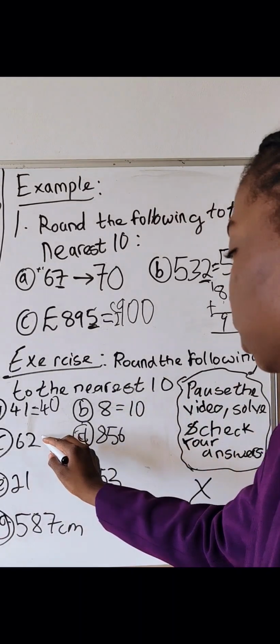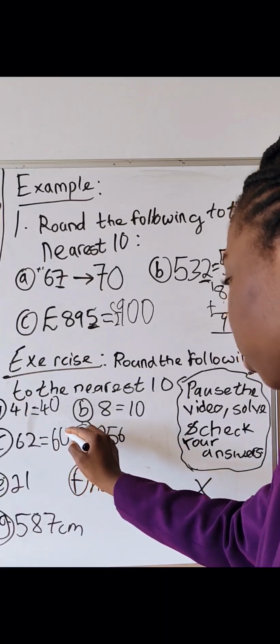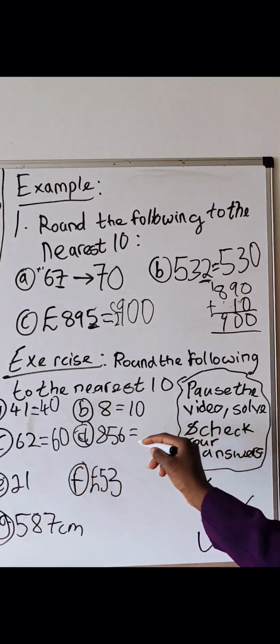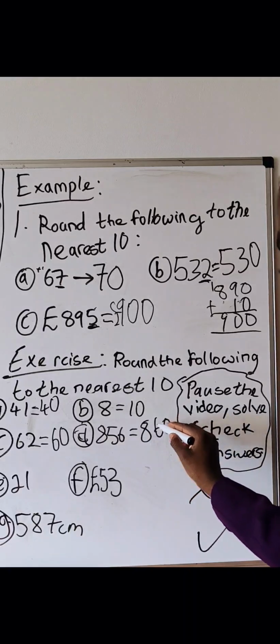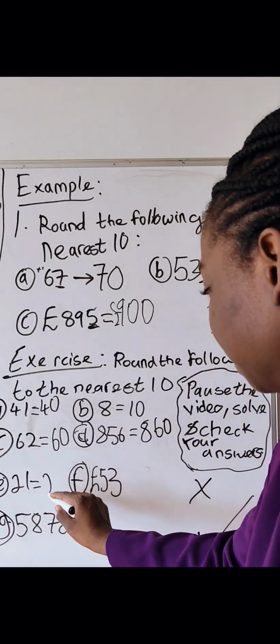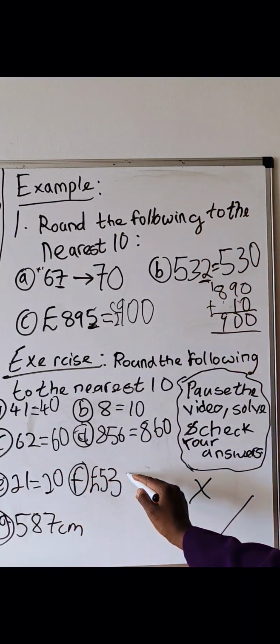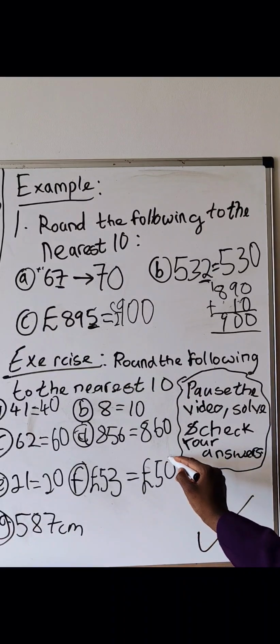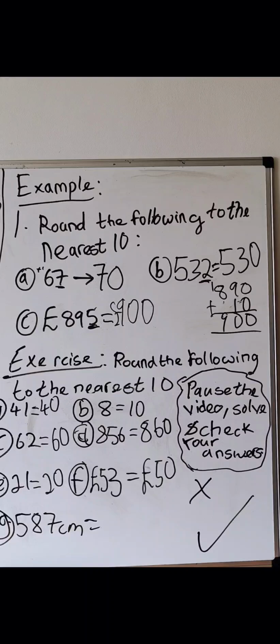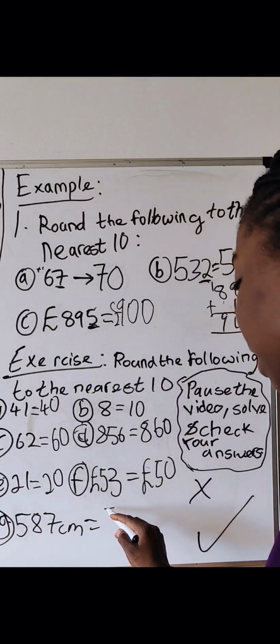So 62 is 60. 856 is 860. 21 is 20. 53 pounds is 50 pounds. 587 centimeters is 590 centimeters.